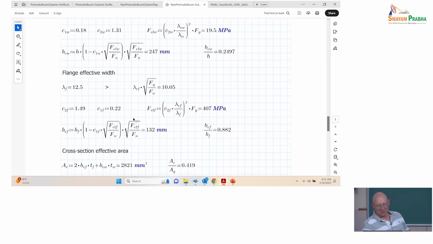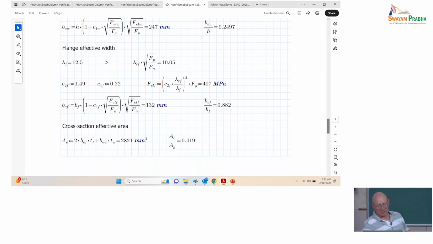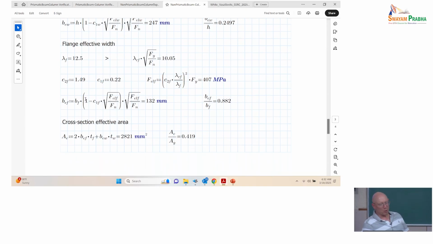The flanges, also the flange bf over 2tf is larger than this check, so we've still got some reduction we need to take for the flange. So we're losing about 12% of the flanges in terms of their effectiveness because of local buckling and the post-buckling action of the flanges.